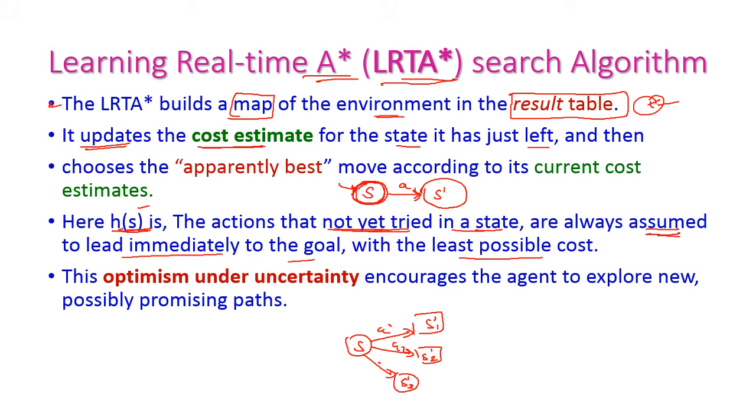If it does not lead towards the goal, then the agent assumes that the actions not yet tried in this particular state always lead immediately to the goal. Suppose I didn't try some action AN, now it assumes that this AN leads towards the goal with the least possible cost. And this optimism under uncertainty encourages the agent to explore new possible promising paths.